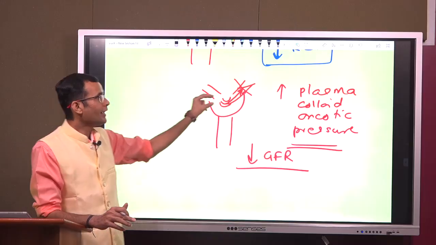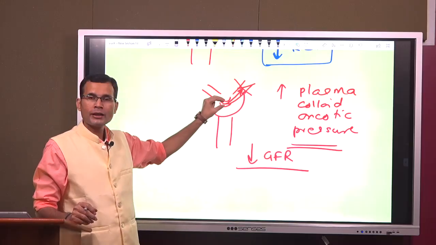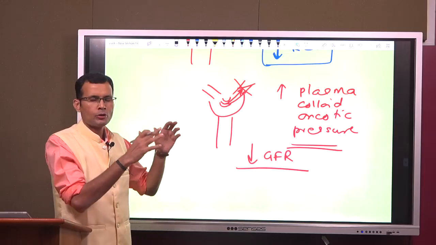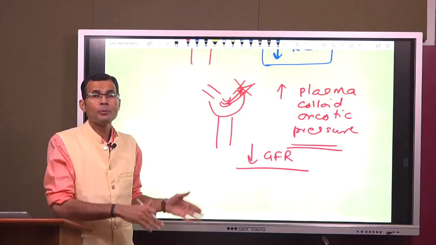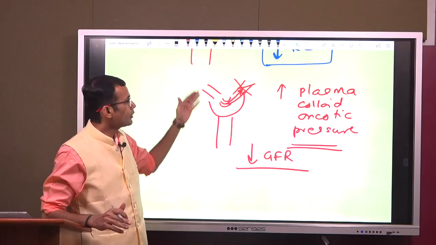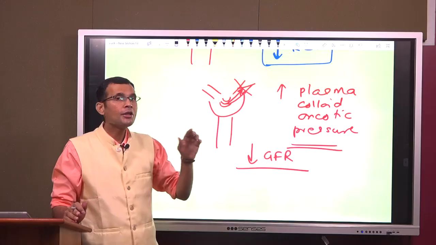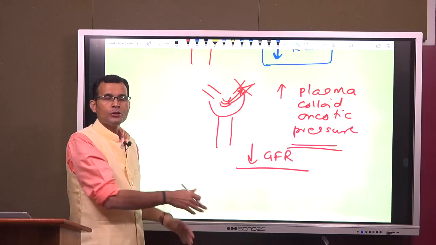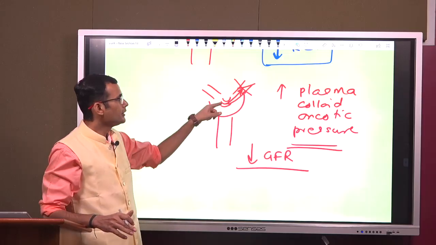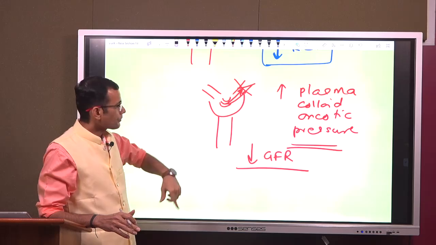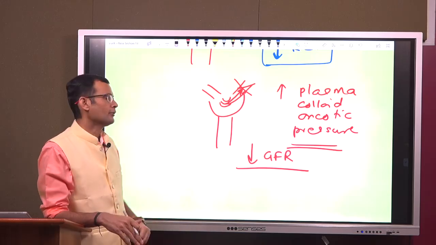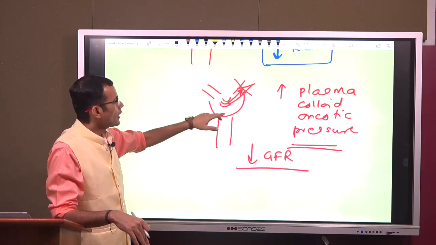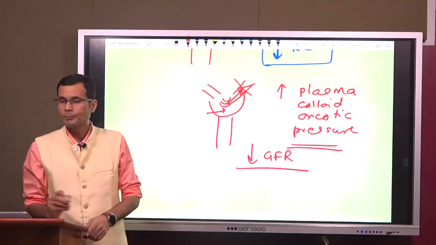So, the glomerular capillary hydrostatic pressure will decrease because a lot of fluid has been filtered out. Less plasma in these capillaries, and the fluid got filtered out and came into the Bowman's capsule.